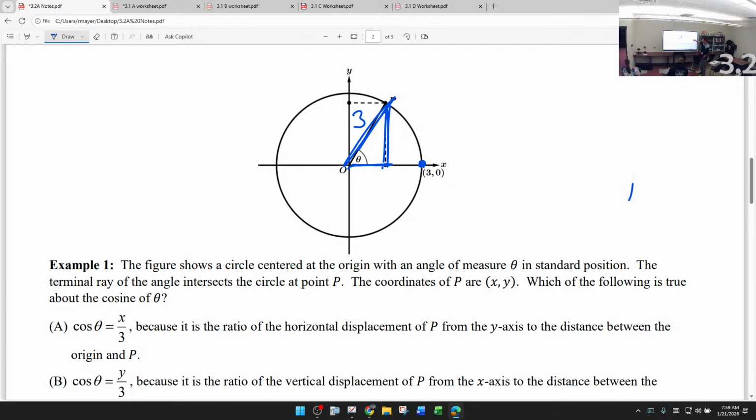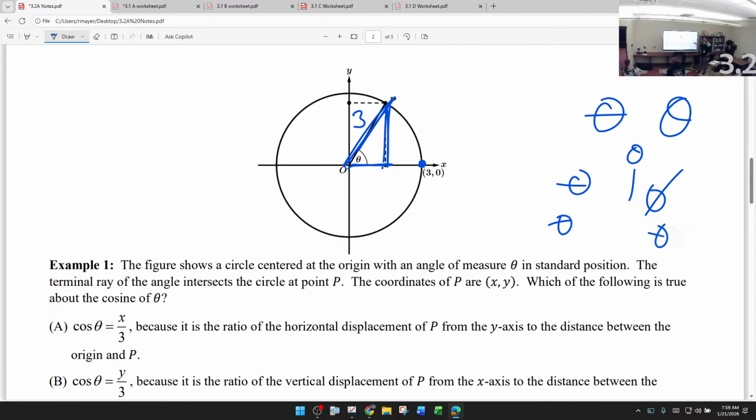The figure shows a circle centered at the origin. Watch what it says. Centered at the origin, in standard position. Theta is in standard position. That's theta. We use a lot of Greek letters for angles, and theta is one that we use a lot. Don't write it like that, that looks like 0.